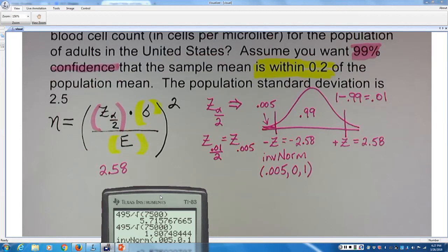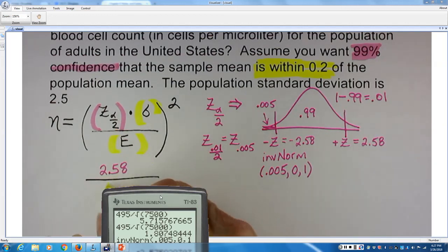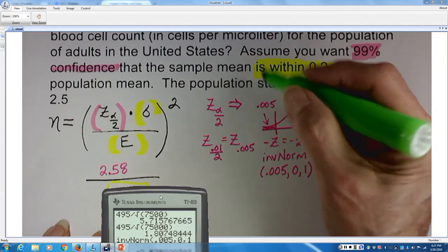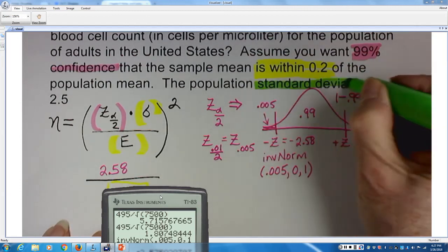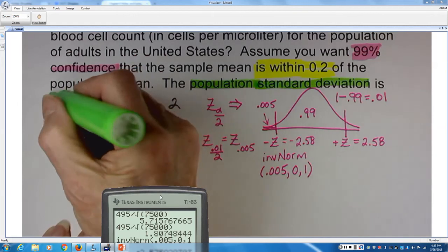So that tells you your margin of error is 0.2. And then the last thing that it told us at the very end says your population standard deviation, that's sigma, is 2.5.